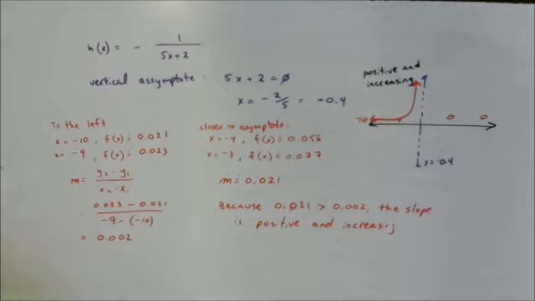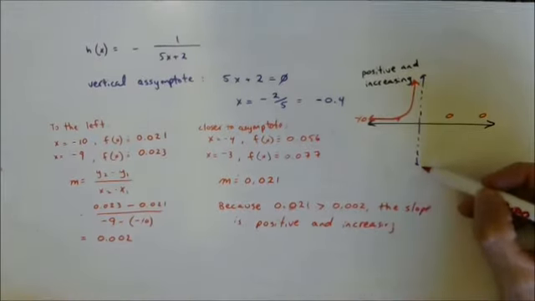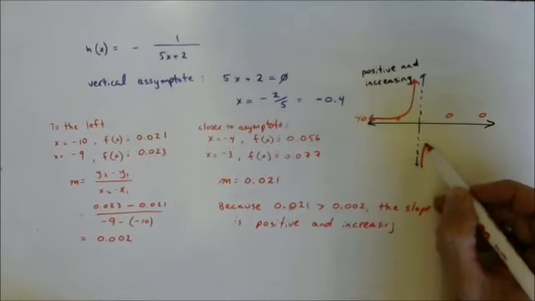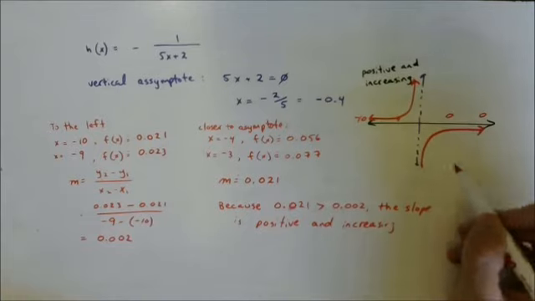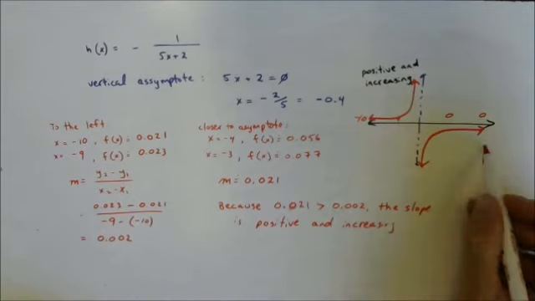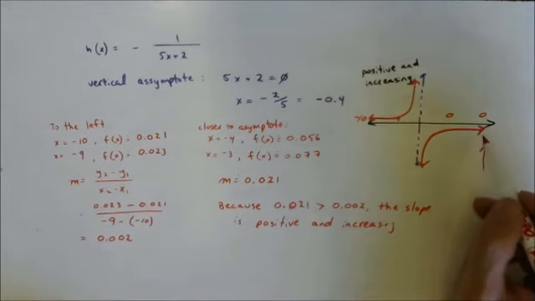Where's the other leg going to be? The other leg is going to be here. And I'm drawing my curve left to right. Actually, that would be negative increasing, right? That is positive. It's always a positive slope. It's getting closer and closer to 0. But it's decreasing. It's getting less and less.